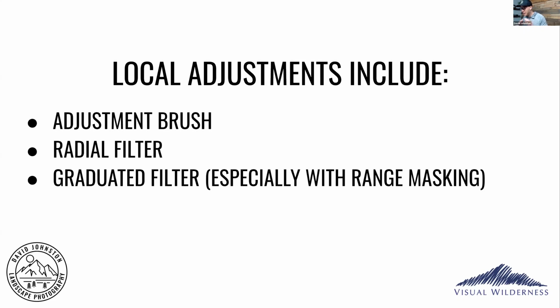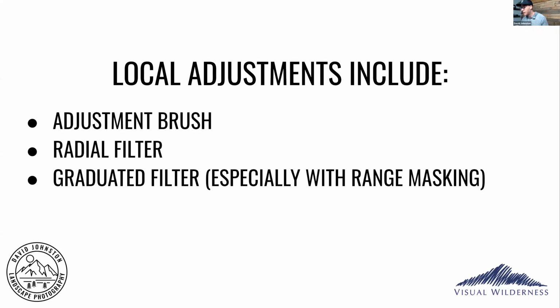And range masking is something that has, I believe, set something like Lightroom kind of aside in itself, because with a graduated filter, you can pull down an exposure over the entire sky of the image and darken that kind of like a grad ND filter would in the field.